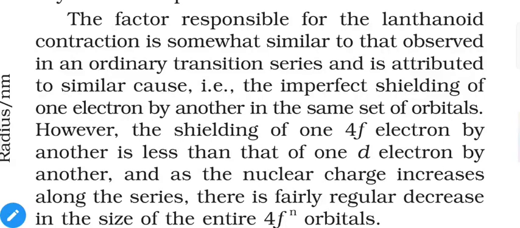And as the nuclear charge increases along the series, there is a fairly regular decrease in the size of the entire 4fn orbitals. As we know, f orbitals can occupy up to 14 electrons, the maximum of all the other orbitals, so fn represents 1 to 14. Now the usual shielding of d orbitals will be more than that of f orbitals, and the reason behind that is d orbitals are usually closer than the f orbitals.